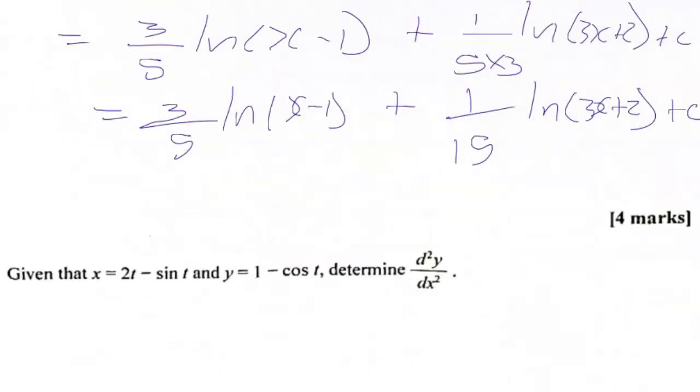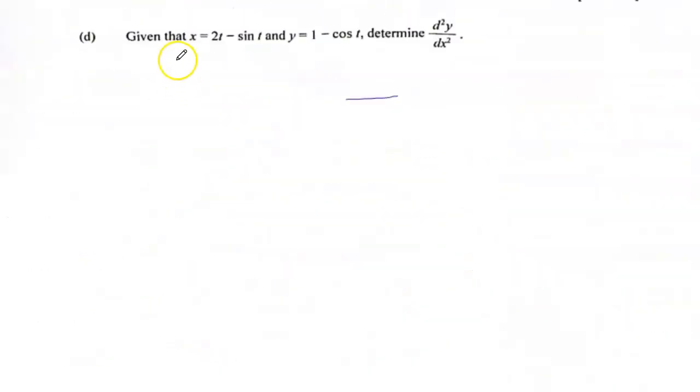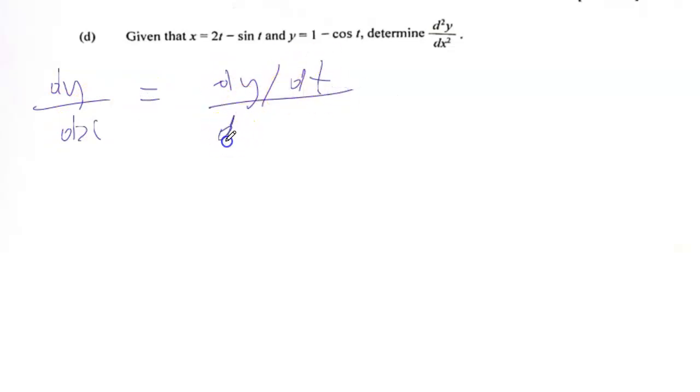Let's move on. Given that x equals 2t minus sine t and y equals 1 minus cos t, determine d2y by dx squared. Before we can find d2y by dx squared, we first have to find dy by dx, and dy by dx is actually dy by dt divided by dx by dt.